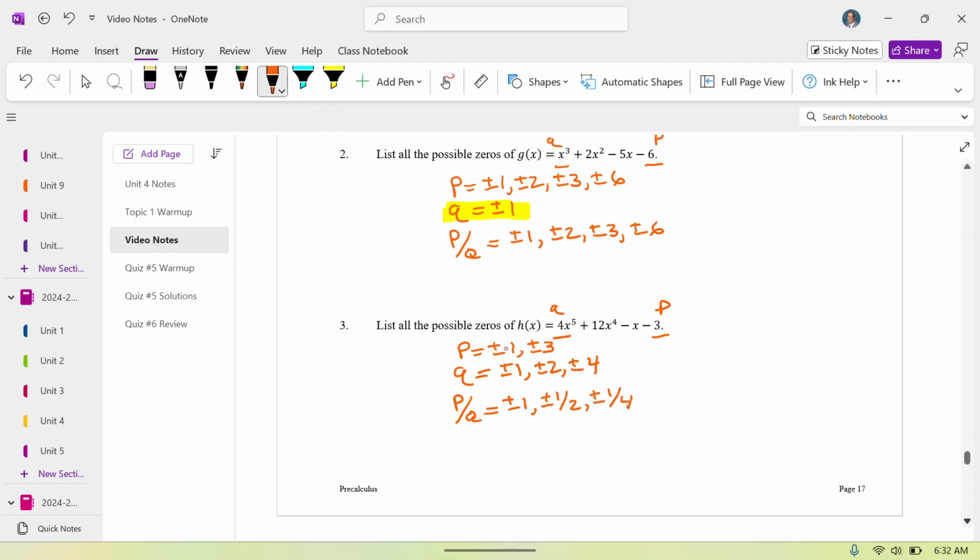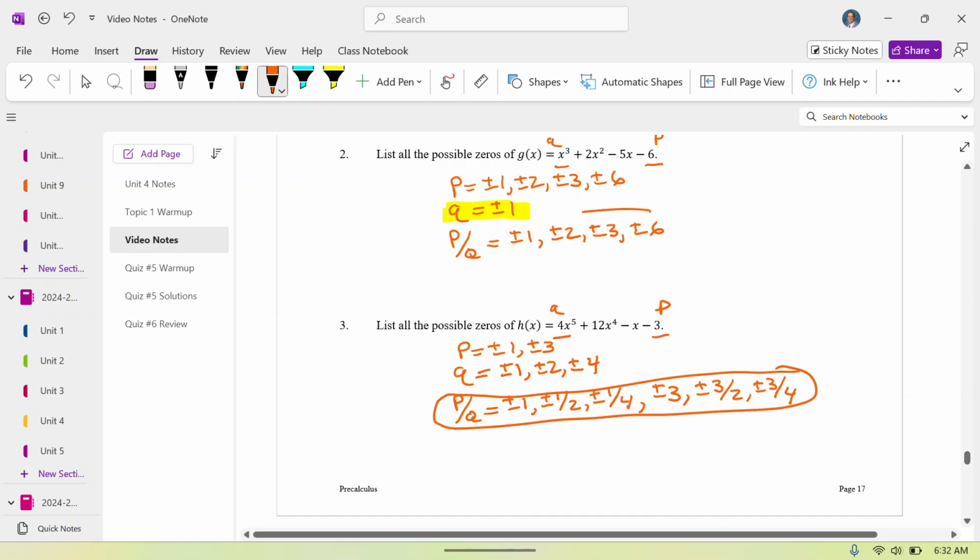So that's all the factors for 1. And then for 3, you go plus or minus 3, plus or minus 3/2, plus or minus 3/4. So this is your list of possible zeros, right? So same for up here. These are all the possible zeros.